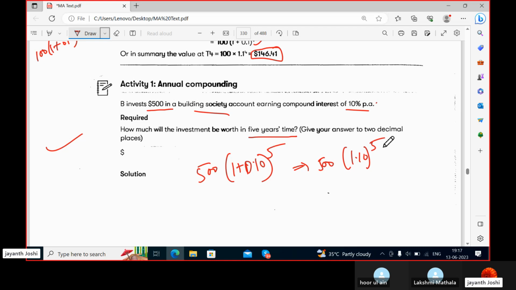Let's see. 1.61051. Okay, let's multiply with 500. So you'll get 805.255. Okay, that's the answer. Let's go for the next one.